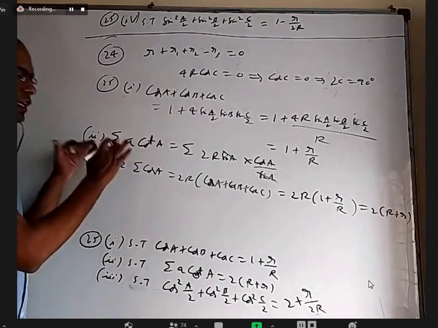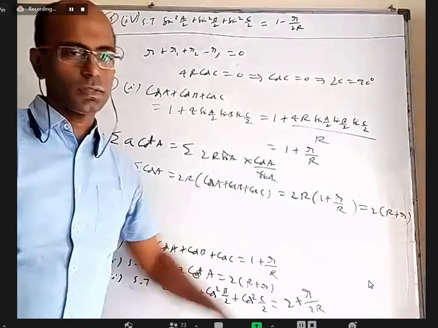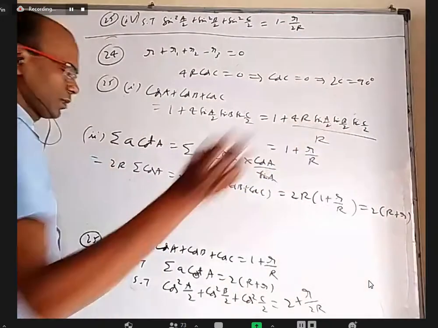Once again, they may ask this question alone, so we have to prove from here to here, not just take it. But just now we proved it, so I'm using it.